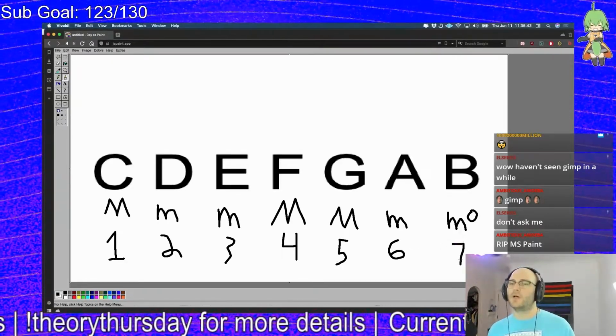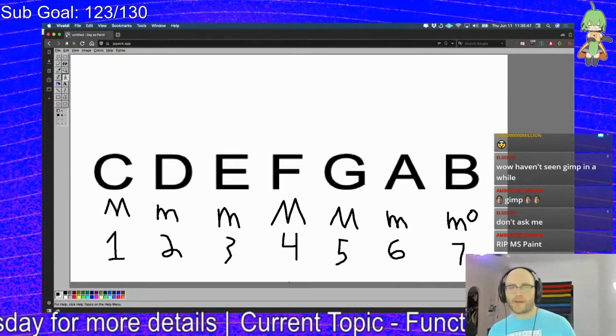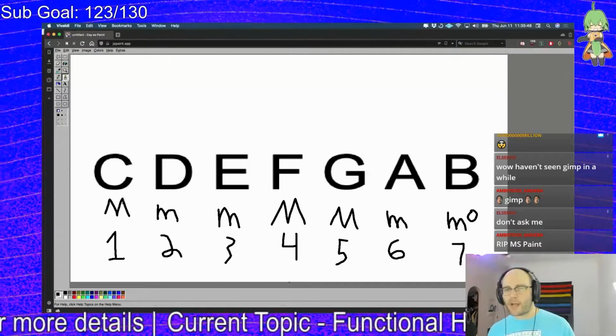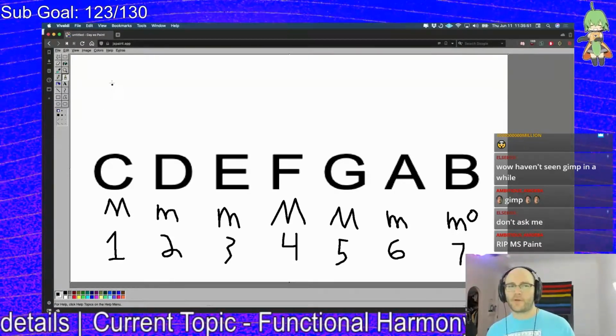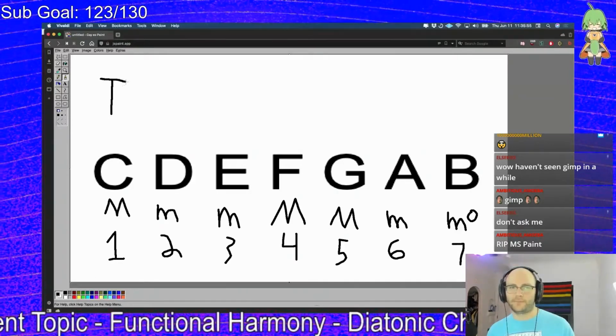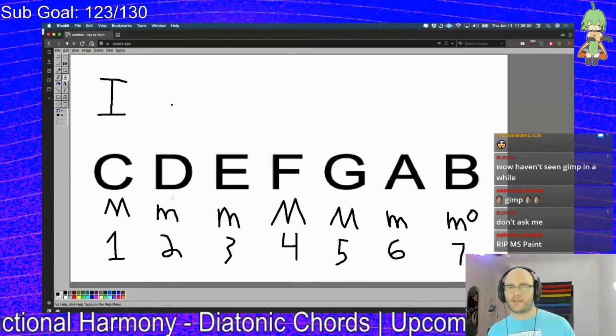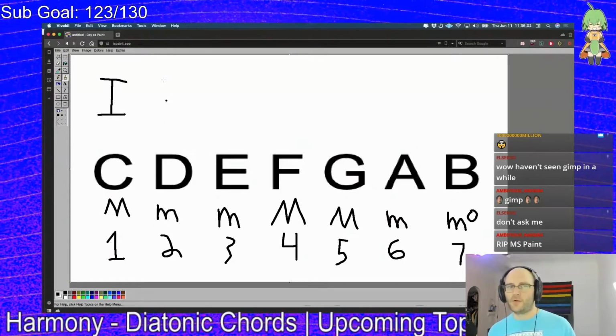This is how we determine what we write for the Roman numerals. Now, just like this is a capital M, I'm going to write a capital Roman numeral I. This is a lowercase m, numeral ii.